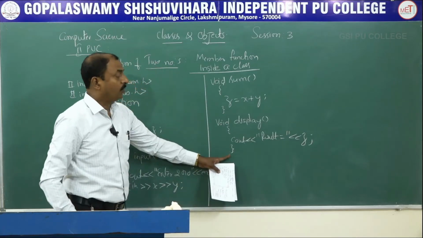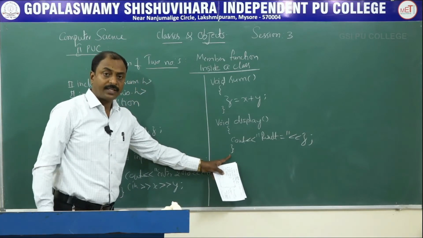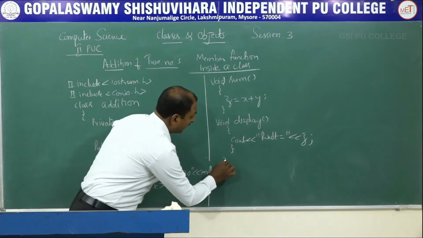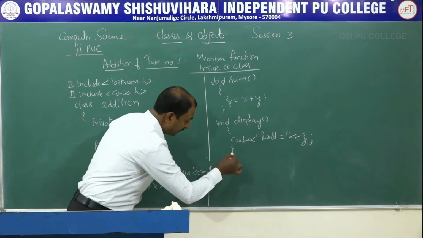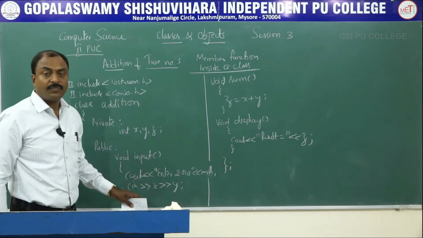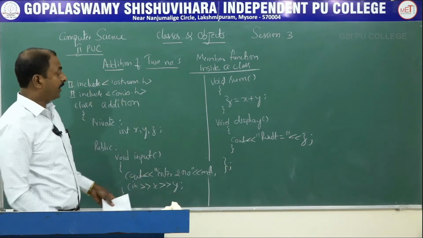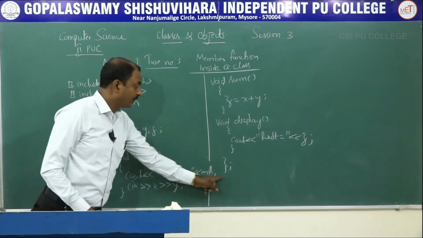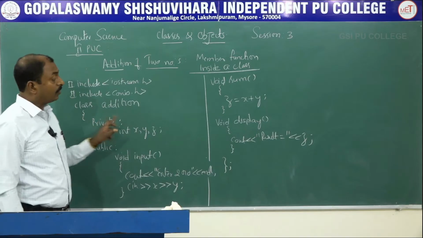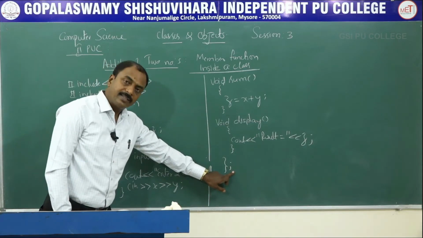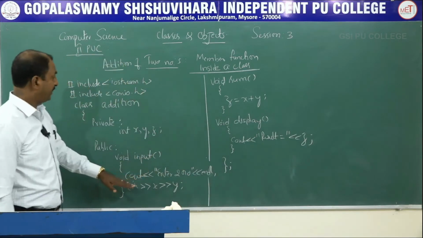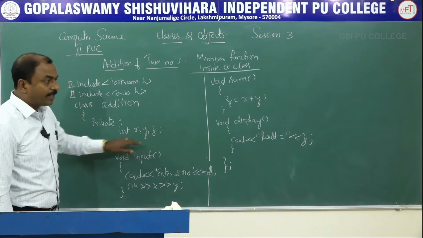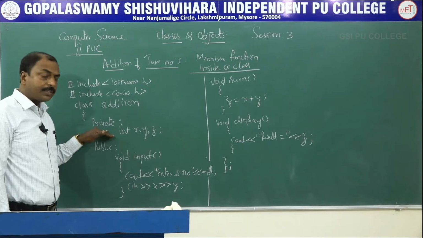Next, what is the next step here? The next line is that we are supposed to close this class, so I am closing the class here along with the semicolon. See, this is what we learned and I explained in my previous session. We defined the class here, opening the bracket and closing at the end along with a semicolon. Inside this we have written the data members: x, y, z are data members declared under the private access specifier.